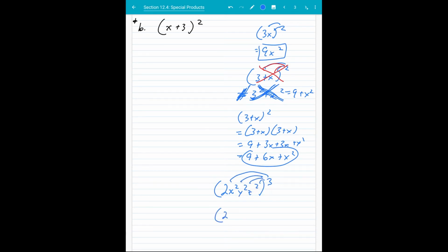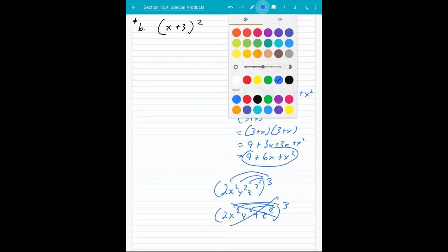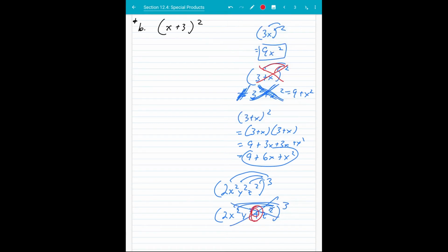However, if I have 2x squared, y squared, and then I throw in a plus or a minus, I can't distribute. I'm going to have to use the long multiplication method. So I cannot do this. You cannot distribute those, all because there's a plus sign right there. You can only do this distribution whenever there's no plus or minus sign on the inside.